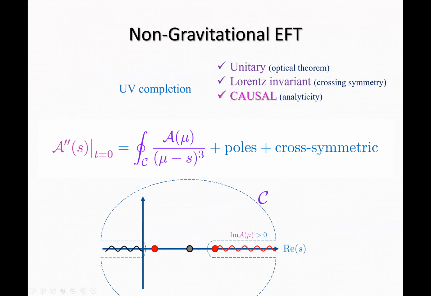Now, using analyticity, which I said is related to the requirement of causality, you can relate what's going on at low energy, for instance in here, with what's going on on a Cauchy integration surface.